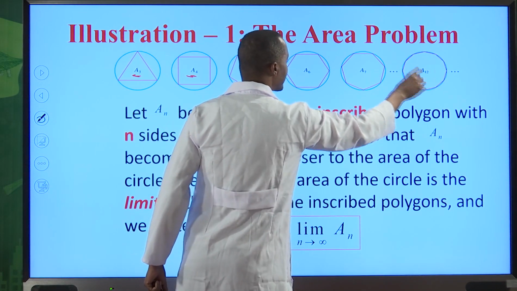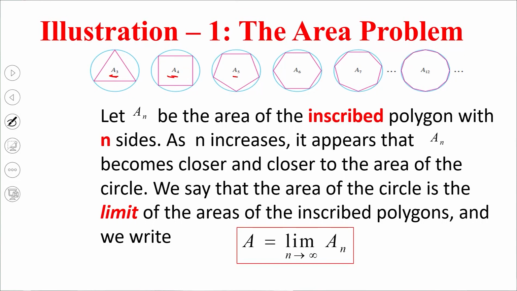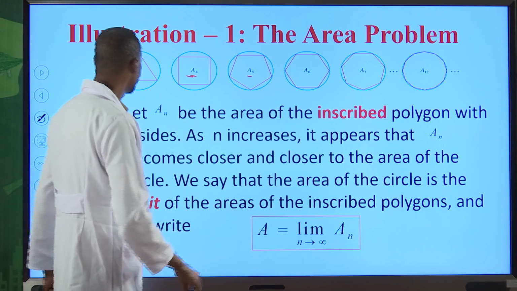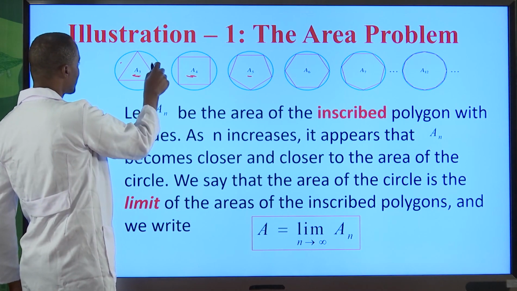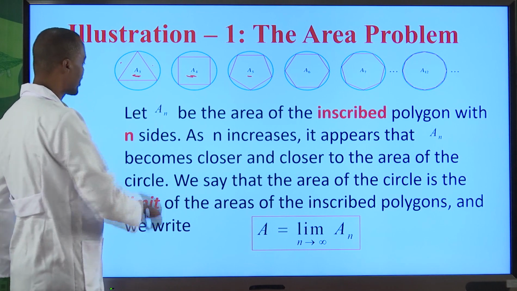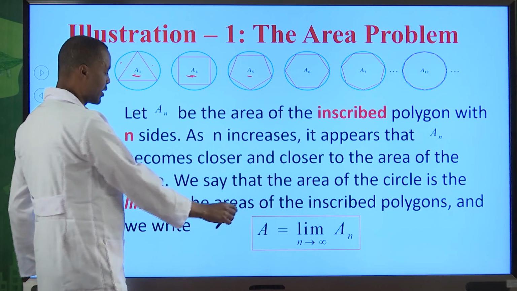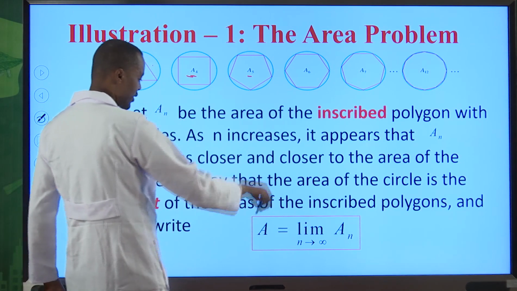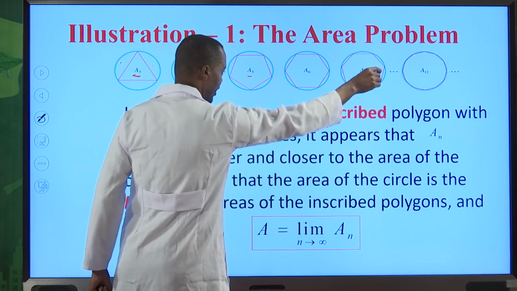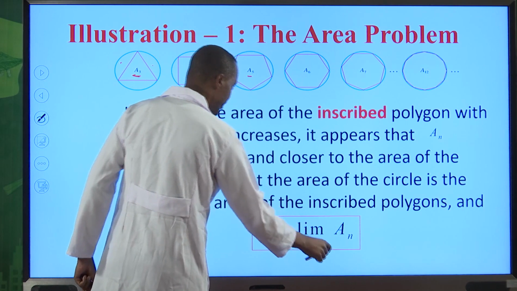And at this moment, the area which is left between this 12-sided polygon and the circle is now approaching each other. But in the case of the triangle, there are a lot of spaces left between the triangle and the circle. So in the limiting situation, the area A is given as the limit of An whenever n approaches infinity.